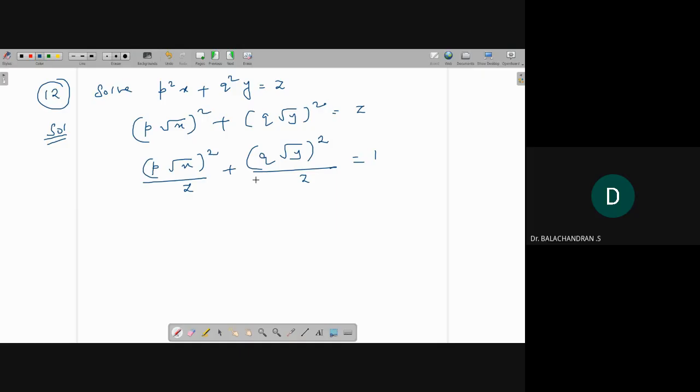Now we can write p root x into z power minus 1. I need to write it in the form of a whole square.